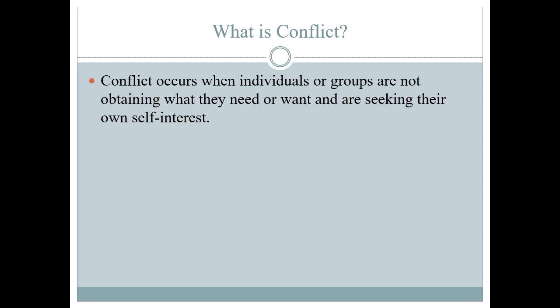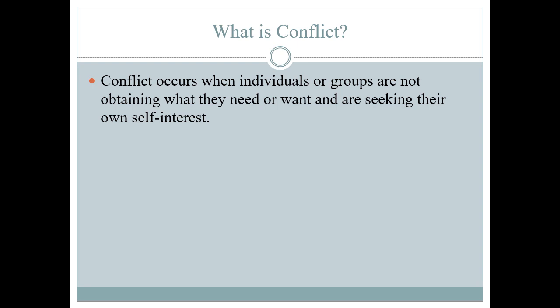Thus conflict is ever present. Conflict is actually a complex and big subject. There are many sources of conflict.